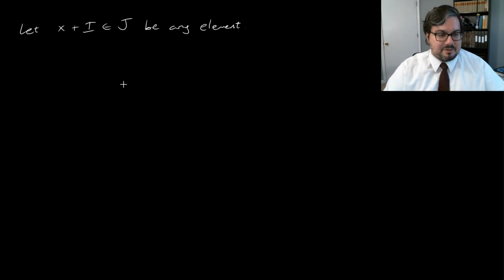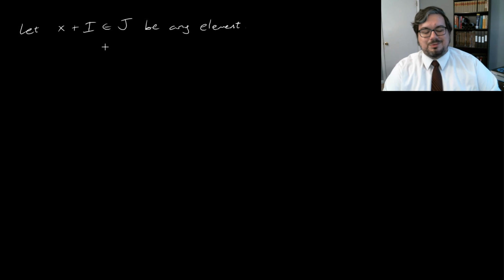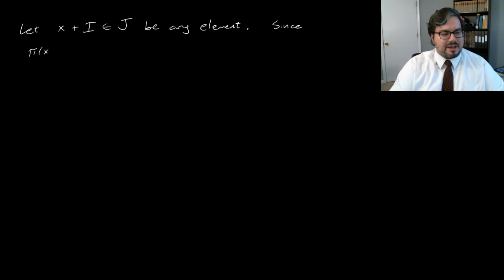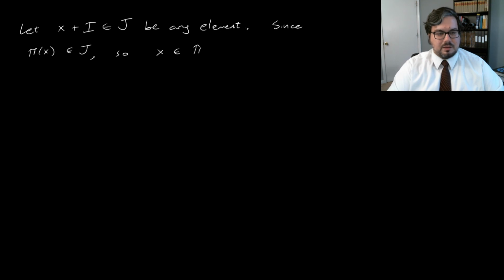All the elements of the ring R mod I look like X plus I for some X in R. Now, notice that that means that pi of X belongs to J. So in particular, this means that X belongs to the preimage of J, which is K.